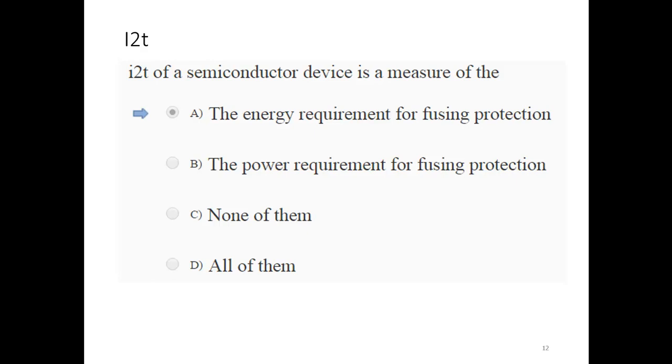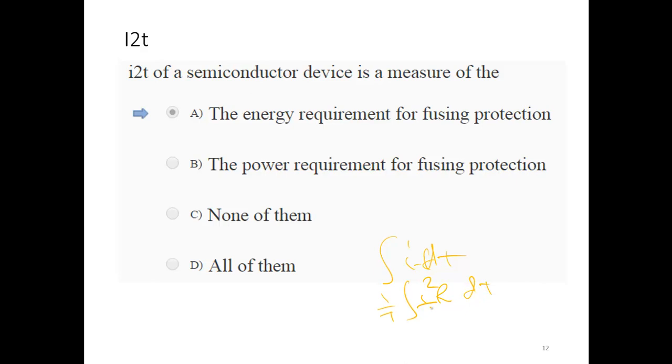Now, look at the energy of the I square T, I square dt. What is energy? The power is I square R, and then you integrate it over time. Integrating the power over a time interval gives the energy.